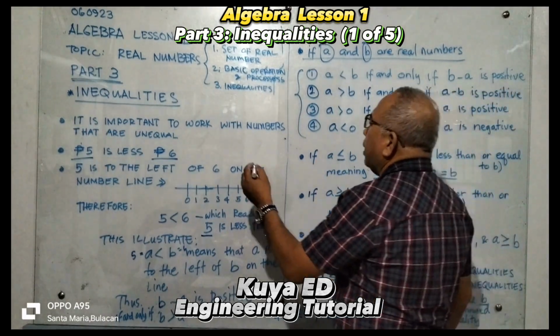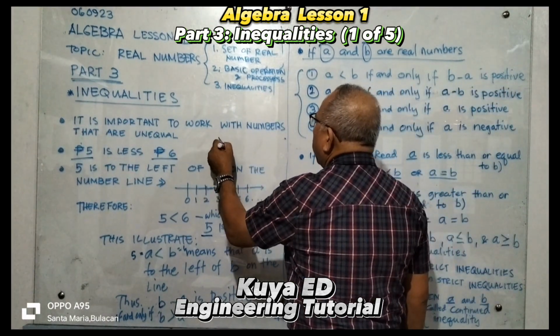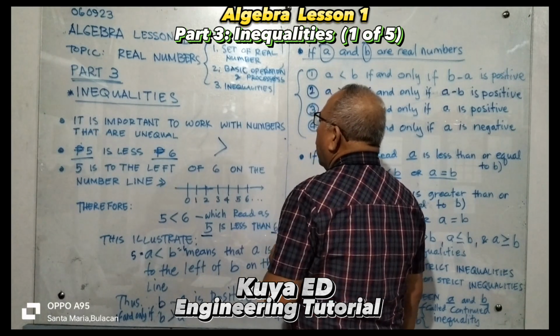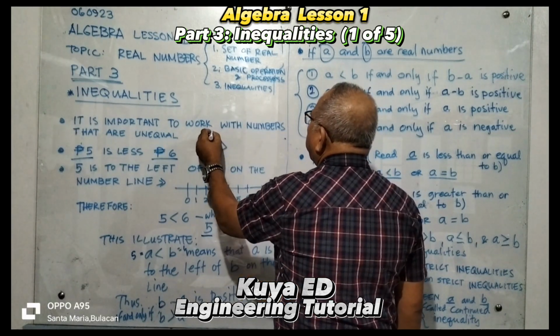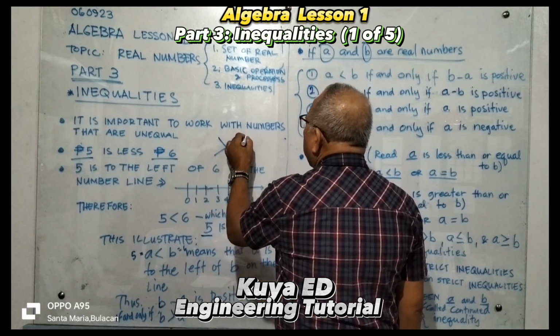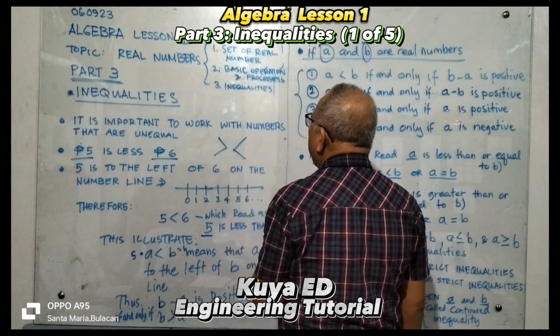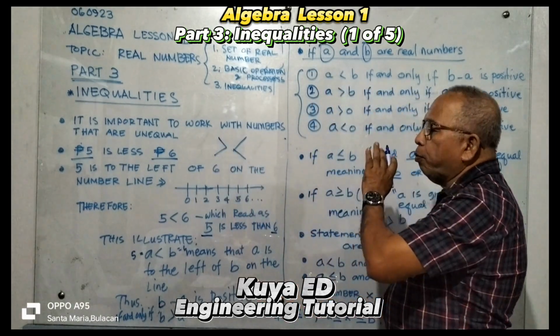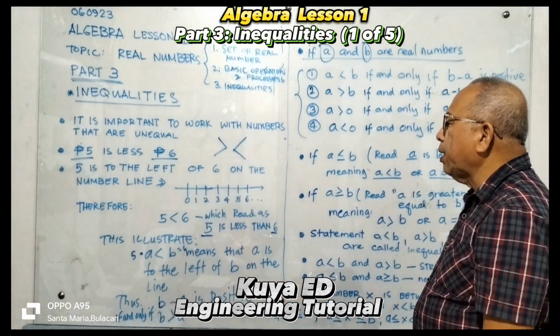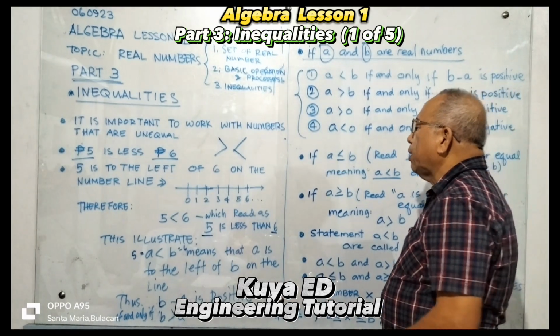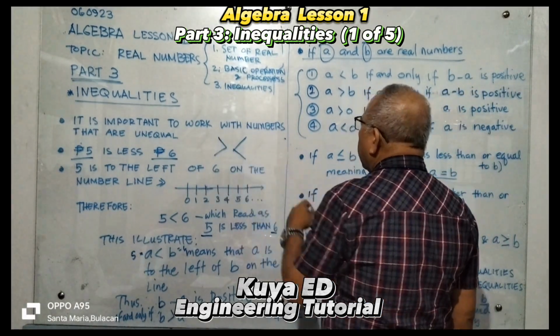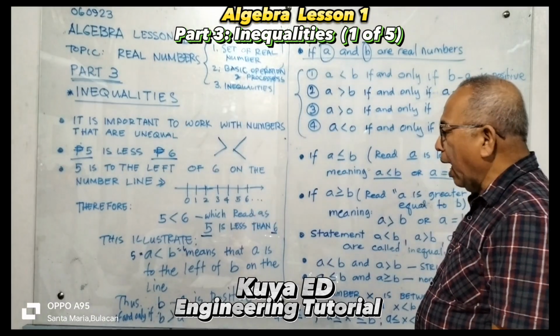Meron tayong symbol that the arrow pointed to the left, that is less than, and then pointed to the right, that is greater than.